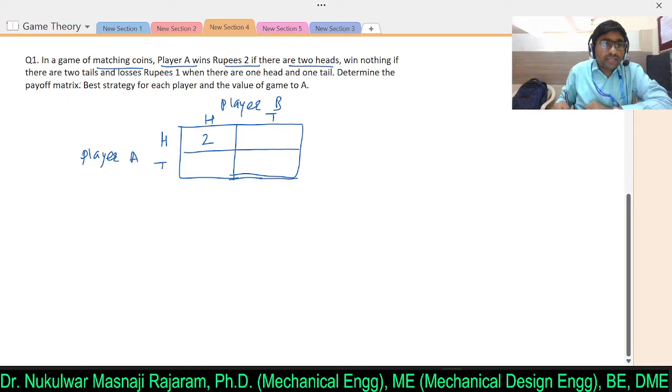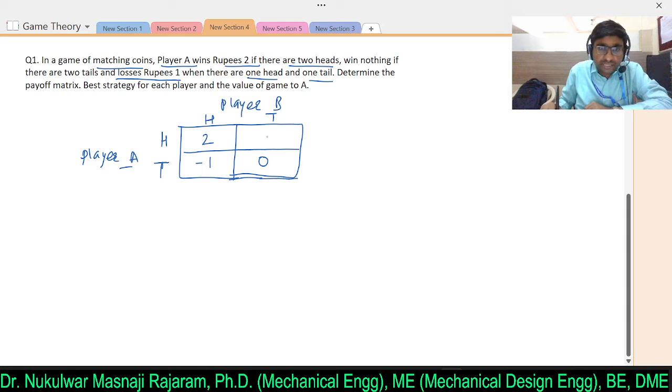He wins nothing if there are two tails. Clear? If player A gets tail and player B gets tail, then player A will win nothing. After that, he loses ₹1 when there is one tail and one head. So if player B plays the strategy of head and player A plays the strategy of tail, then one head and one tail are there, and he loses ₹1.